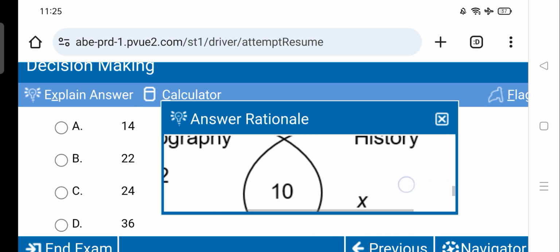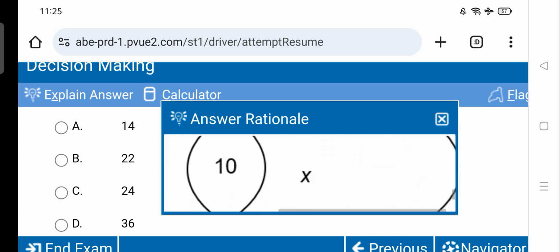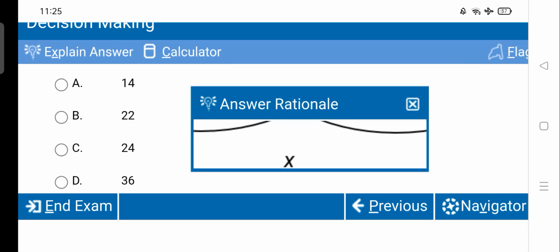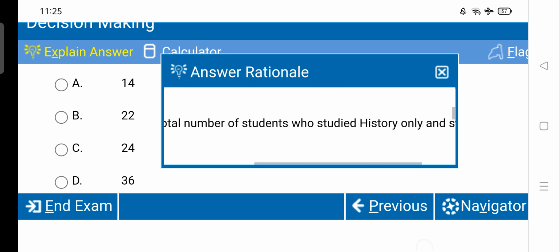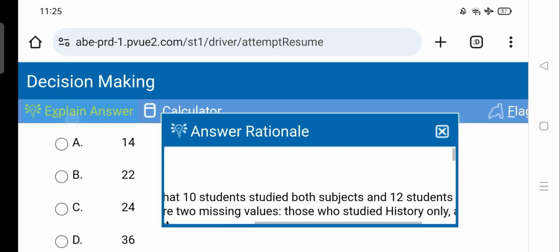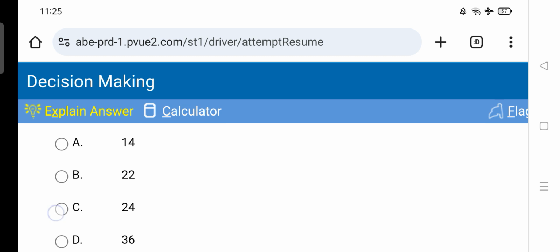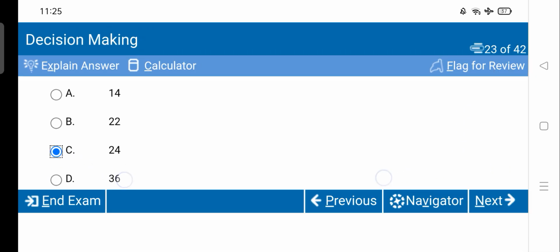Geography 12, history we don't know, and the both we have 10. And that's how you can conclude your answer and say that option C is the correct option, that is 24.